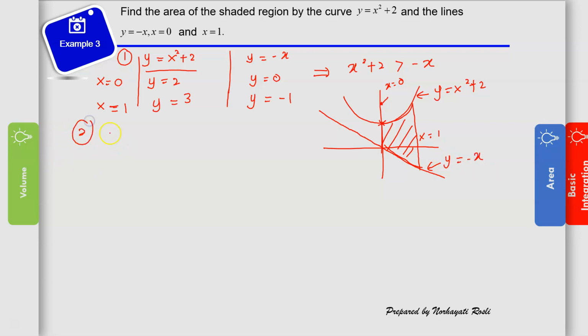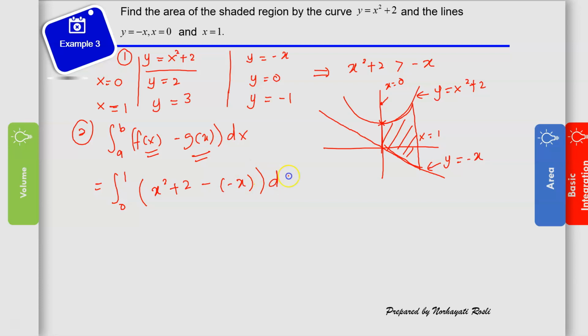So step number 2, we need to use the formula, the integral from A to B of f(x) minus g(x) dx. f(x) is the above function, g(x) is the lower function. So now we have the integral with limits from 0 to 1, f(x) is x squared plus 2 minus negative x dx.